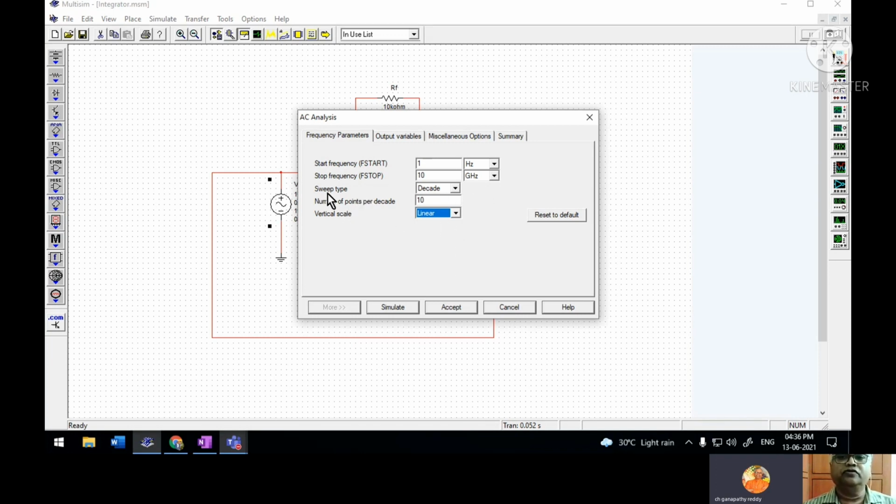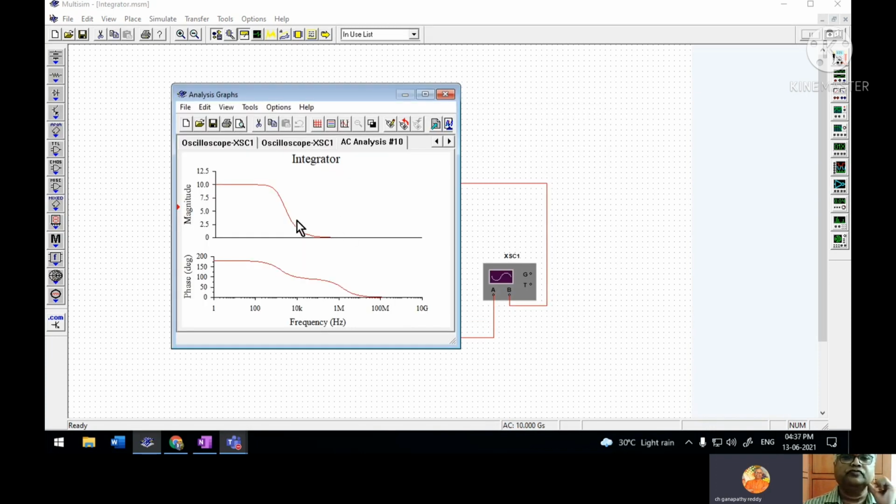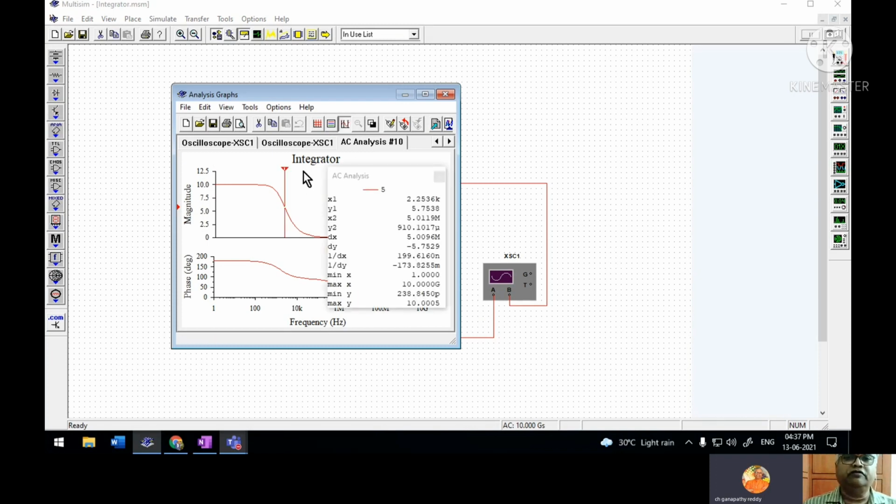Sweep type decade. Simulate. So the low frequency gain is coming as 9.99 on the y-axis, which means 10. So at low frequency it is maintaining a gain of 10.